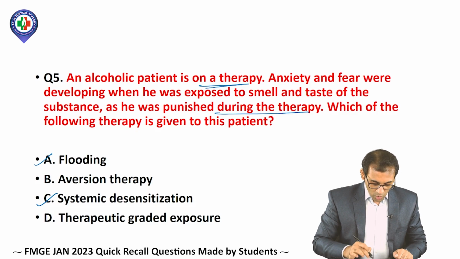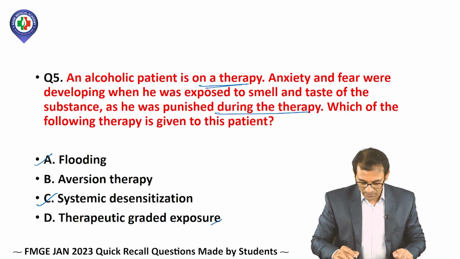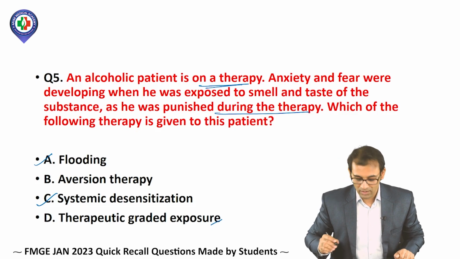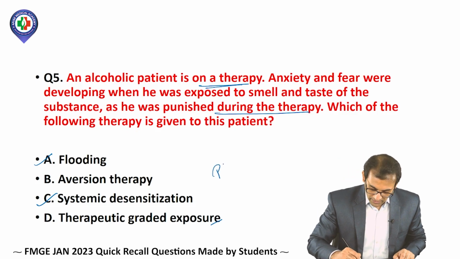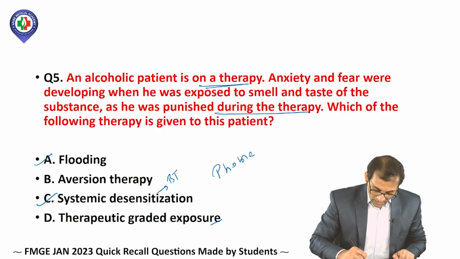See, option number A, C and D. These are the therapies for treatment of phobia. Systemic desensitization, where you are giving behavior therapy plus pharmacotherapy.